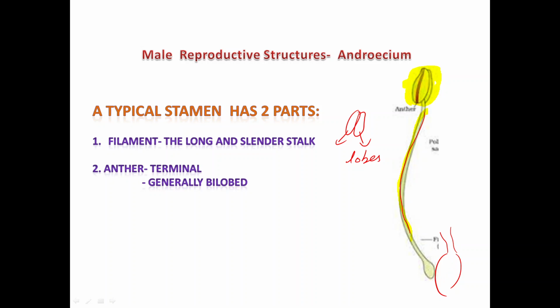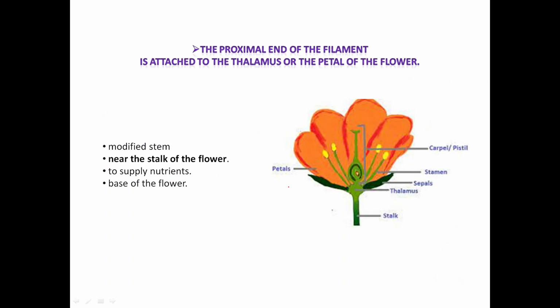Thalamus is the swollen base. So here you can see this is the thalamus. This is the androecium. That is the male reproductive part, and this is the female reproductive part. All these are attached to the thalamus. So thalamus is a modified stem.